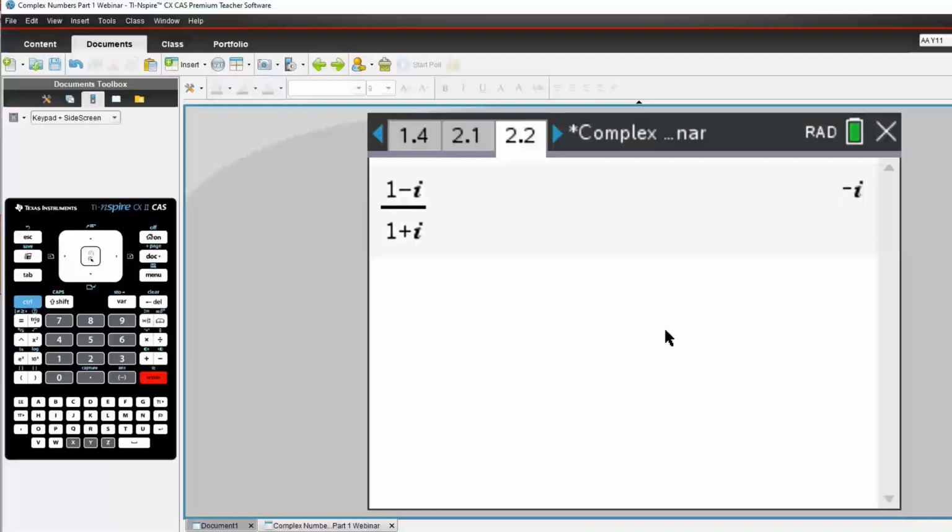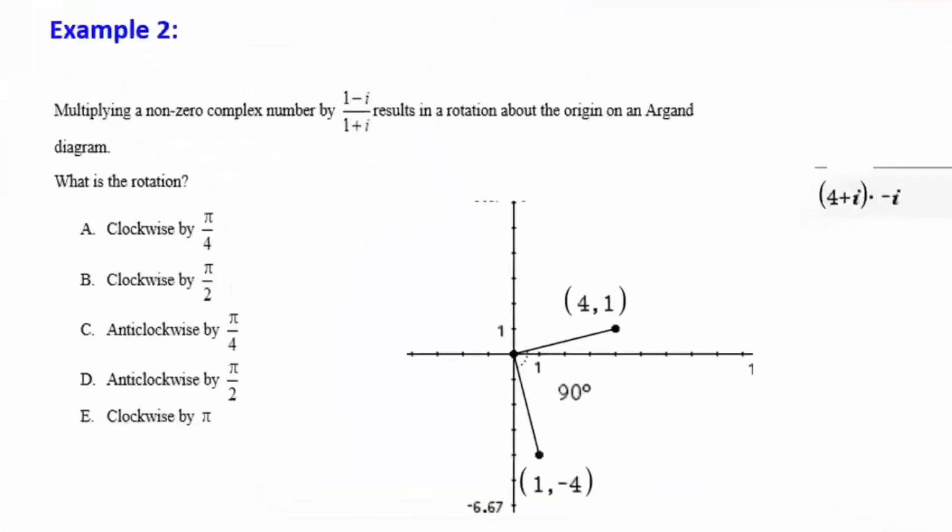So what happens if the complex number gets multiplied times minus i? You can try with numbers, as is done here. 4 plus i times minus i is 1 minus 4i. And if I plot those two complex numbers on the Argand diagram, I can see it rotates 90 degrees clockwise. Therefore, the answer to this question will be B.